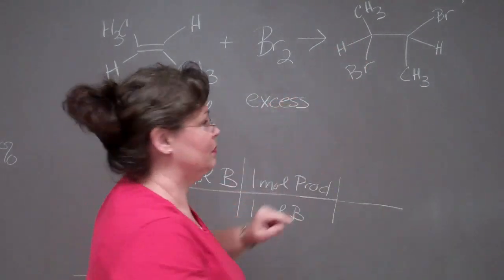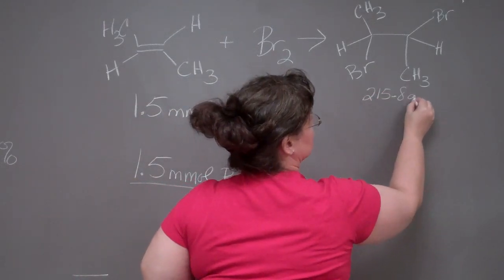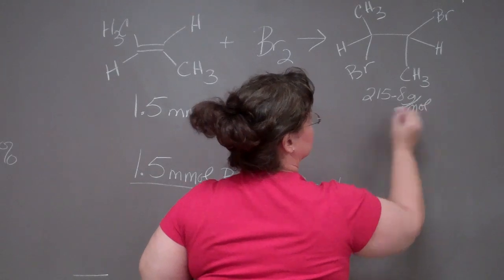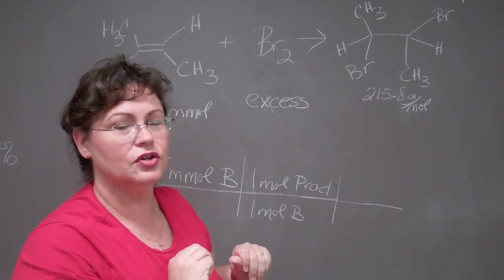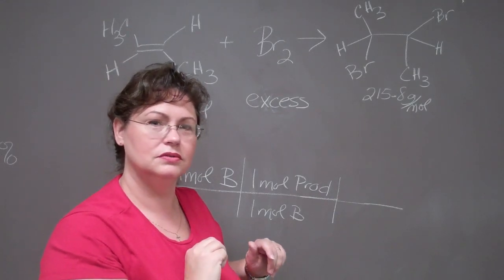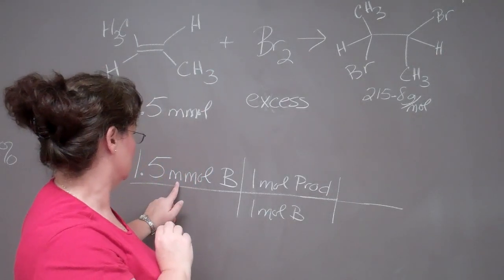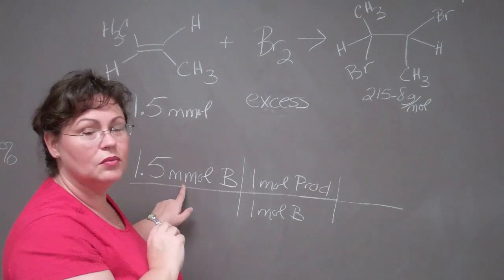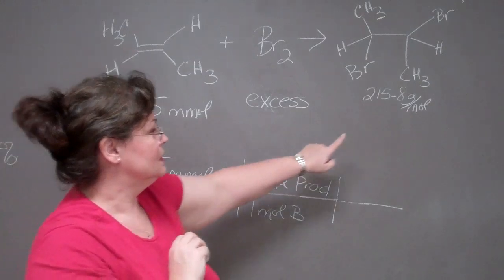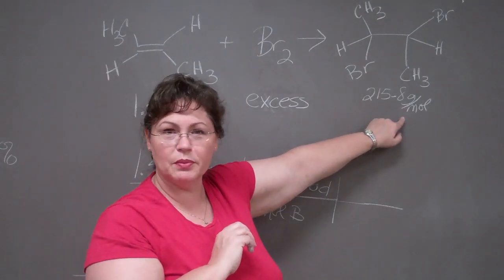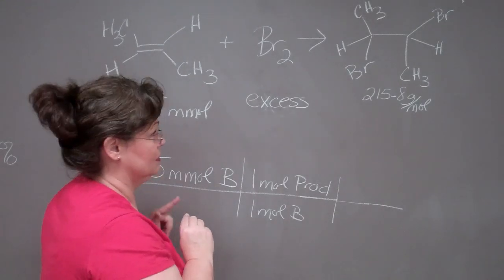When you add that up, it is a molar mass of 215.8 grams per mole. Now, this is in millimoles. This is in grams per mole, and we want our units to match.